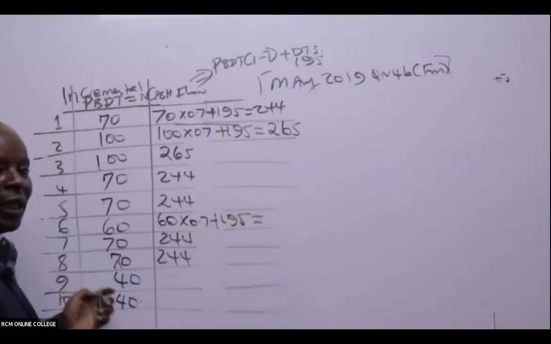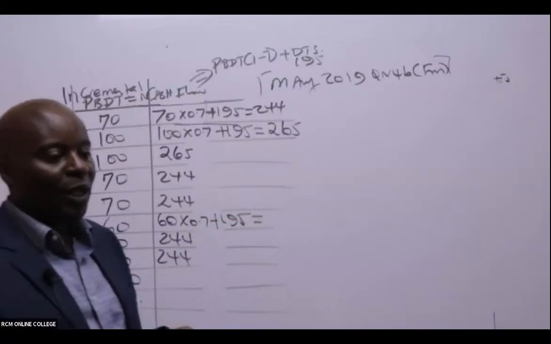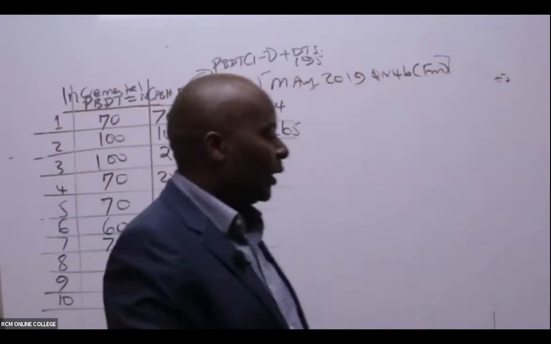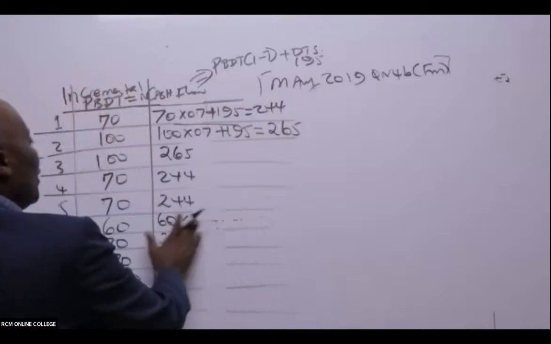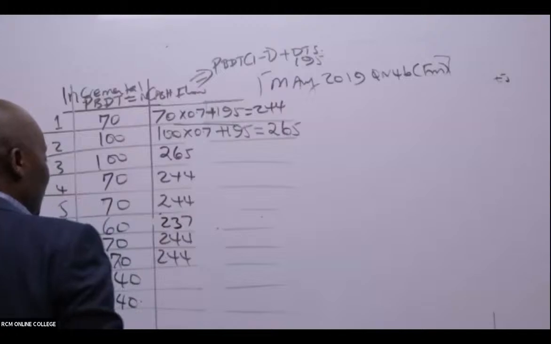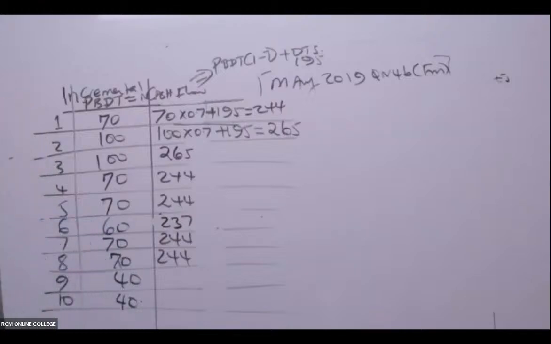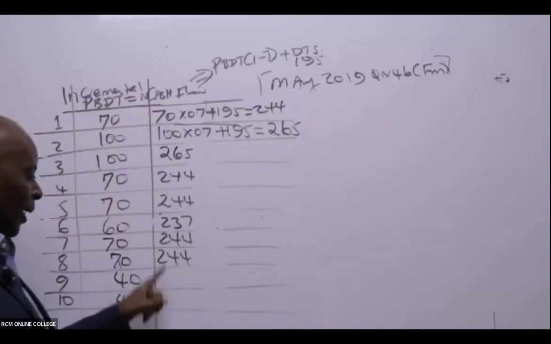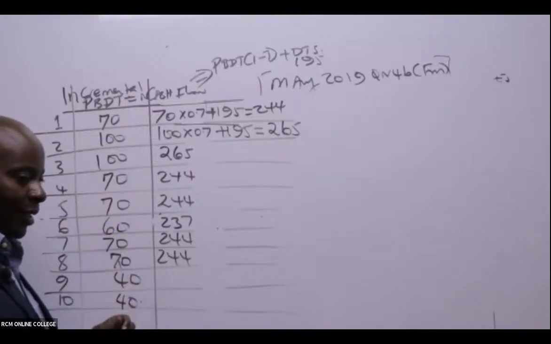What figure are we getting there? They are telling me 237. We have an answer for the 60: it is 237. How about for the 40? 40 less tax, so 40 times 0.7 plus 195. This gives us 223.